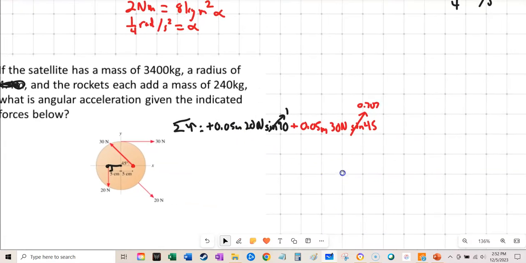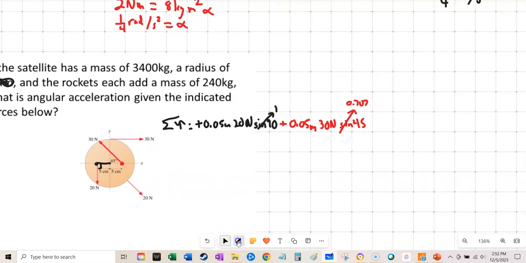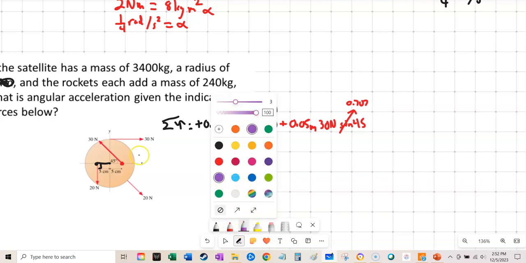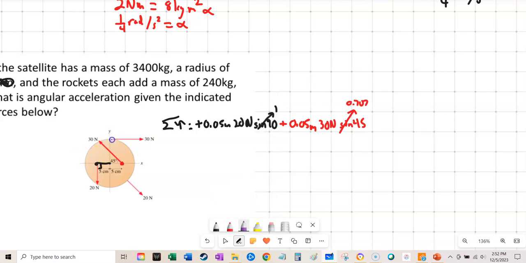All right. Let's do another rocket. Let's try purple. Let's call this the purple rocket. This rocket looks like it's going to be spinning it clockwise, so that's going to be a negative torque.